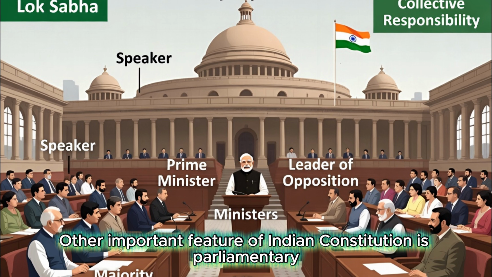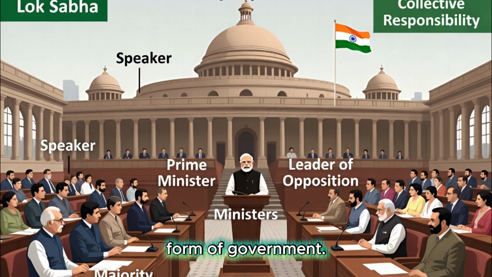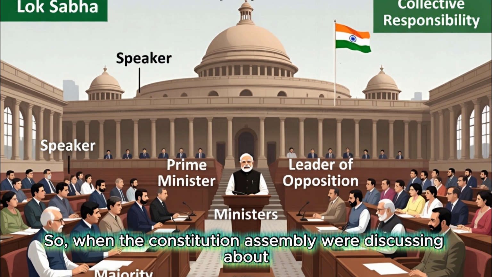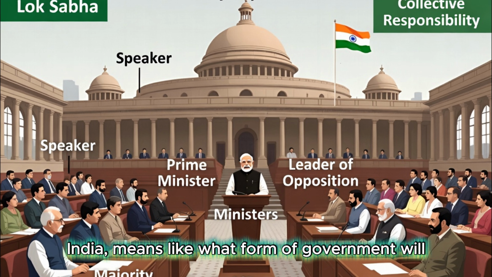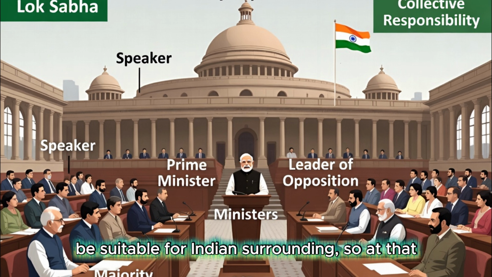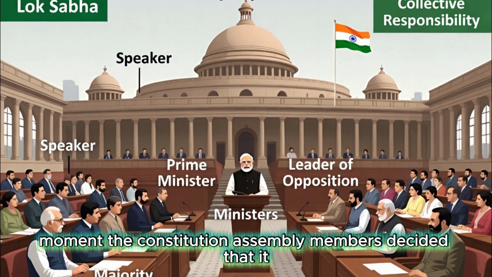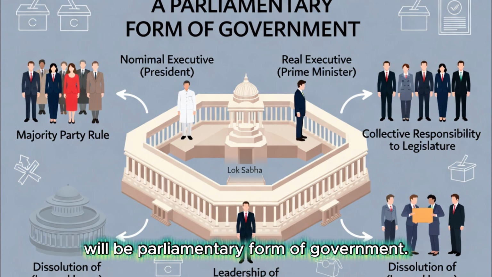Another important feature of the Indian Constitution is the parliamentary form of government. When the Constituent Assembly was discussing what form of government is needed for India, that is, what form of government would be suitable for the Indian surroundings, the members decided that it would be a parliamentary form of government.